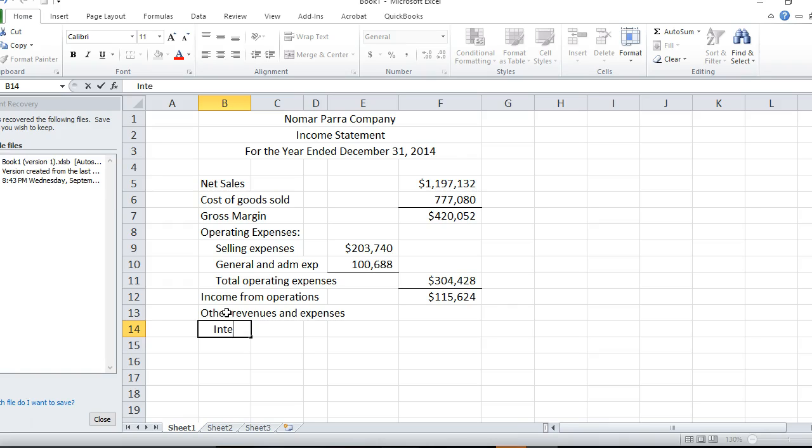We've got some interest income of $57.20. We've got less interest expense of $13,560.